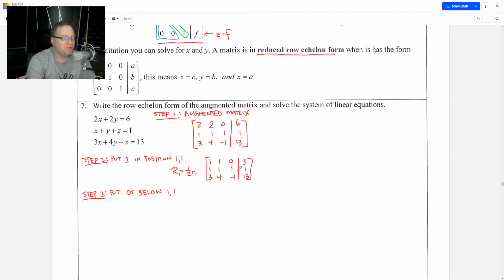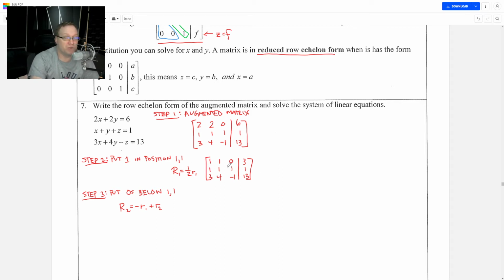Well, we're making a new row 2, so we're going to write big R2, all right? And how are we going to make our new row 2? We're going to multiply the old row 1 by -1. So we're going to take negative old row 1, and we're going to add the old row 2 to it. All right. If we do that, we're going to be able to get rid of this 1 and make it into a 0.